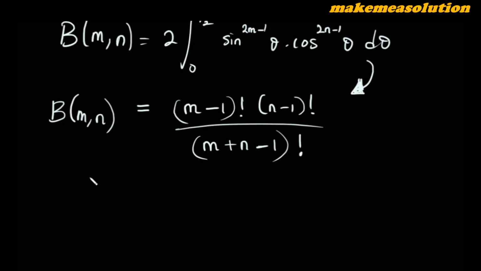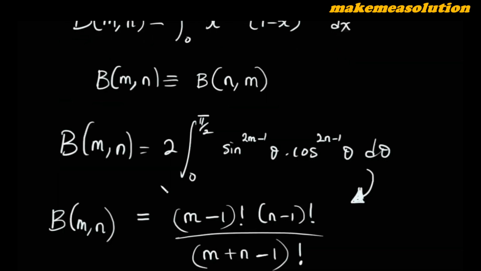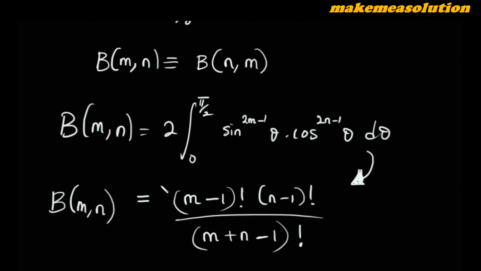Now, I decided to abstract the process of carrying out this integration because it might make learning beta function feel scary, as if beta function is difficult. So for the sake of that, I have decided to dedicate another video to showing how we can come from this integration to this particular point.